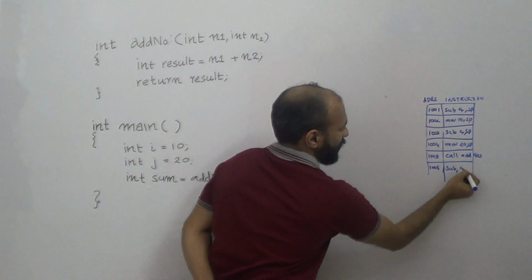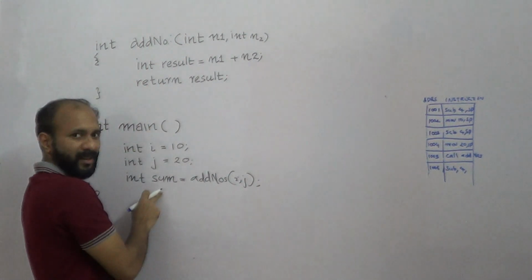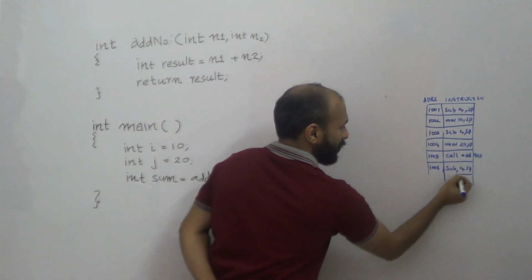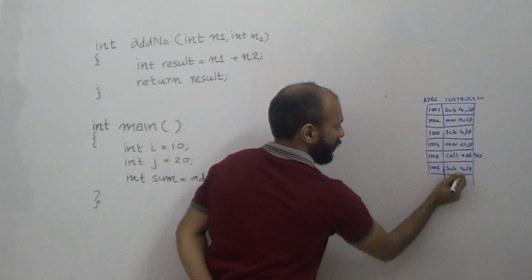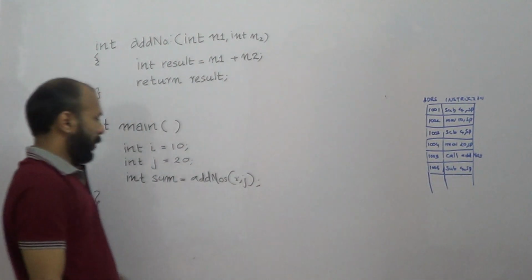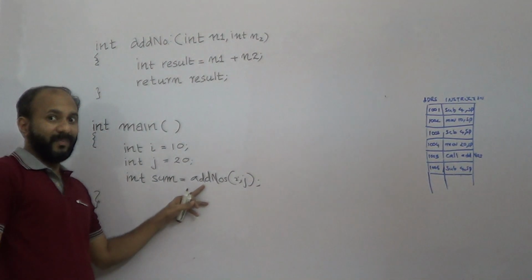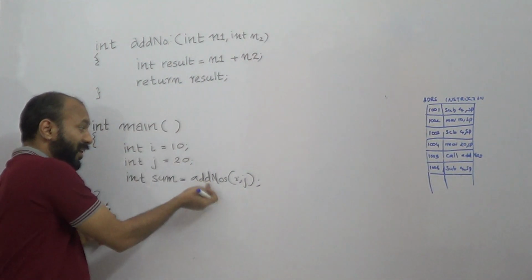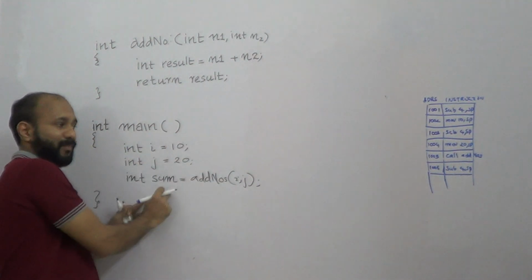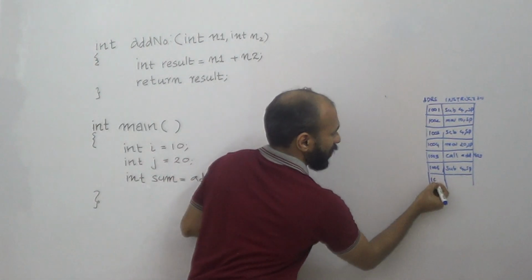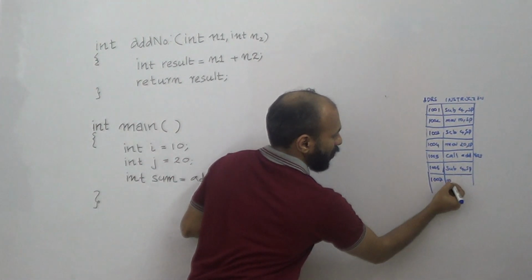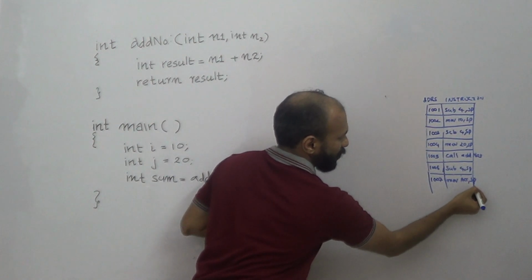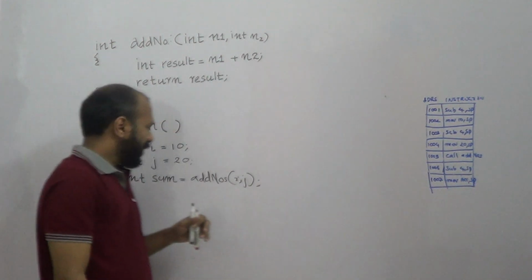Subtract size of the variable from the stack pointer. Here size of the variable is 4. Now after executing this function, the result will be available in the accumulator. That accumulator value has to be copied into this sum. So at 1007, move accumulator content to the stack pointer where it is pointing.